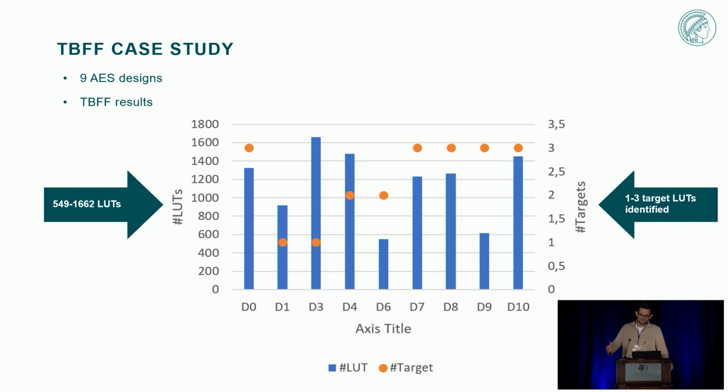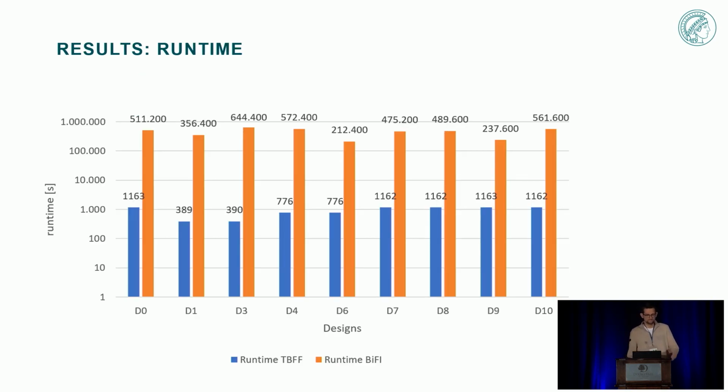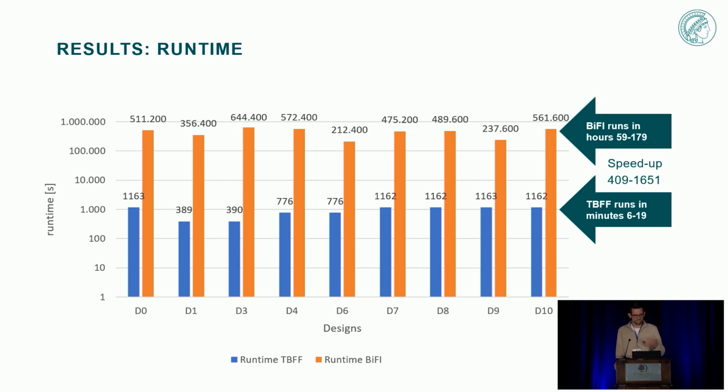And this directly corresponds to the runtime of the attack, right? So with our TBFF attack, we only need 6 to 20 minutes to attack the AES design and get a key out of it. And comparing this to the brute-forcing BiFI attack, which needs 60 to 180 hours, we have a speedup of up to 1,600.